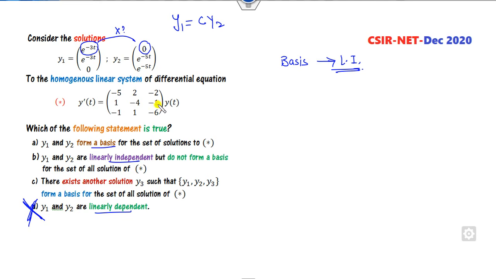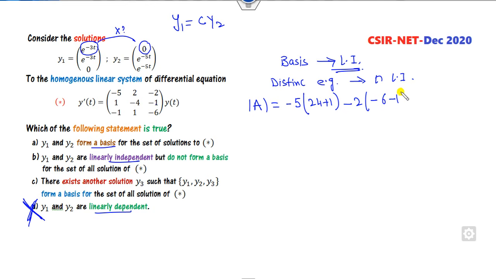How can you check whether they are LI or LD? We all know that if they have distinct eigenvalues, then they have n LI vectors. So we can find the determinant, very simple. So it's minus 5, 24 plus 1, minus of 2, minus 6, minus 1, minus of 2, and 1, minus of 4.